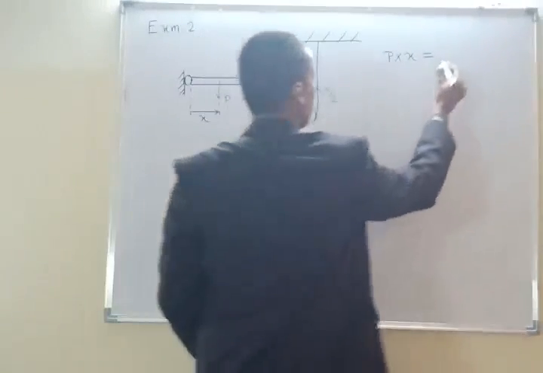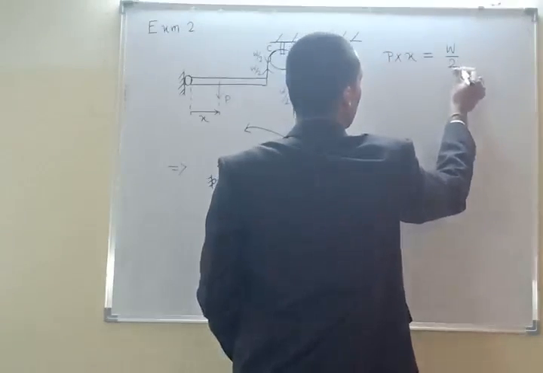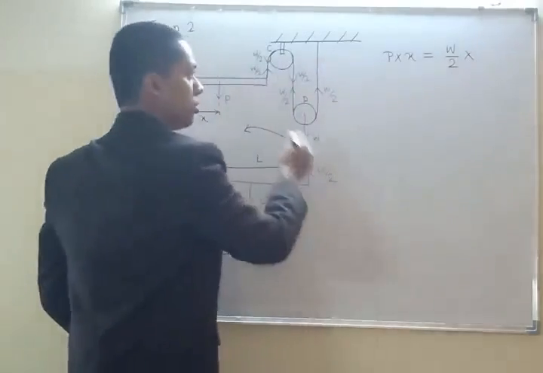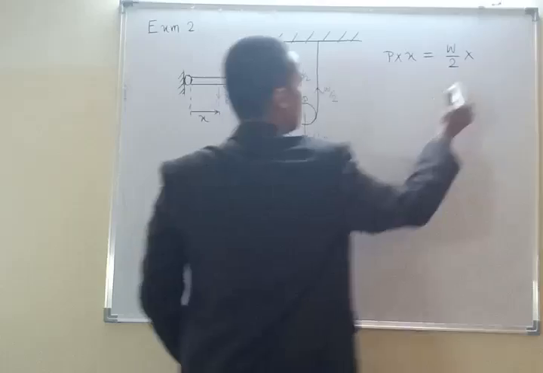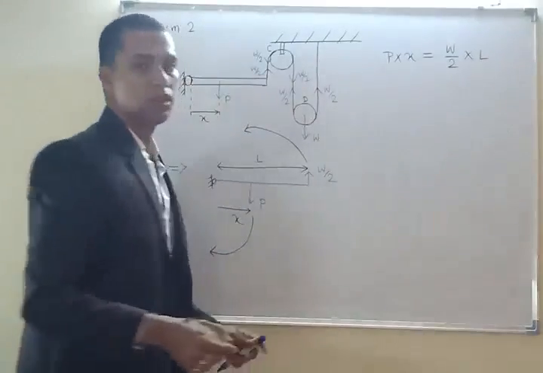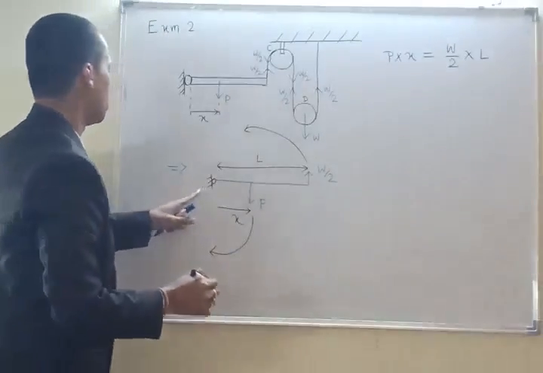So upward is W by 2, it means anti-clockwise moment is W by 2 into L. We are taking the moment about this hinged portion.